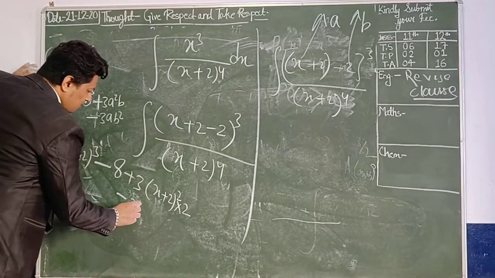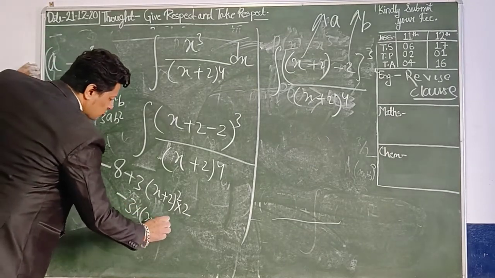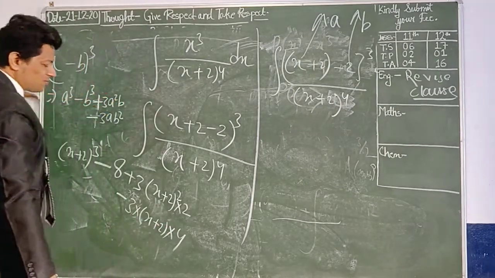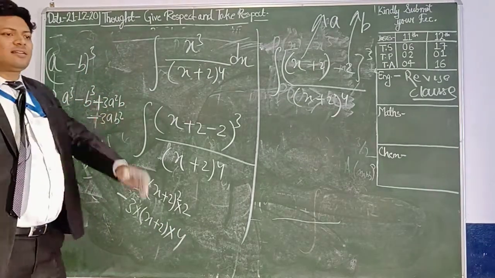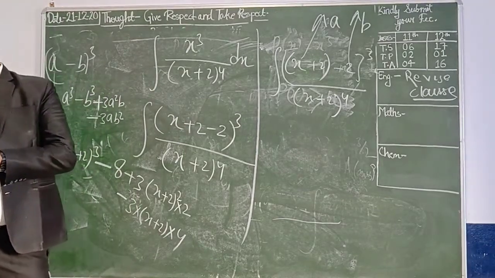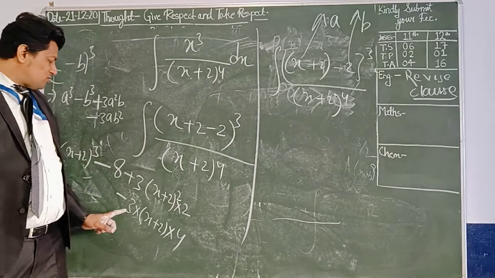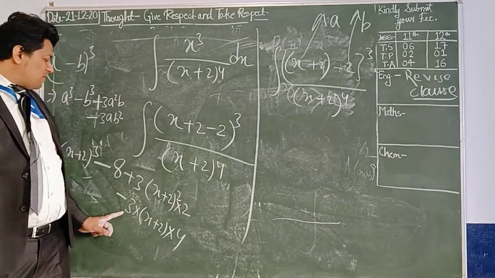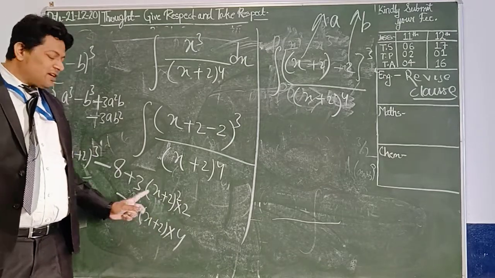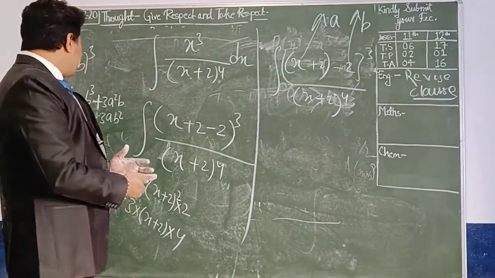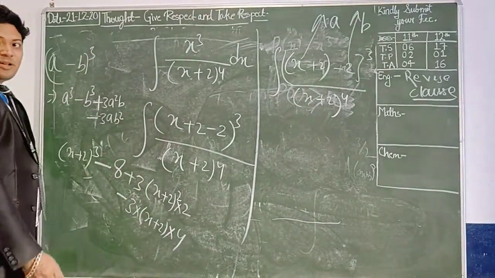Minus 3 x plus 2 into, what is the b square? Multiplied with 4. Is it clear? 4 into 3 will be minus 12. And here it will be 3 into 2, so plus 6. Clear? So he is telling that here it will be minus and here it will be plus.